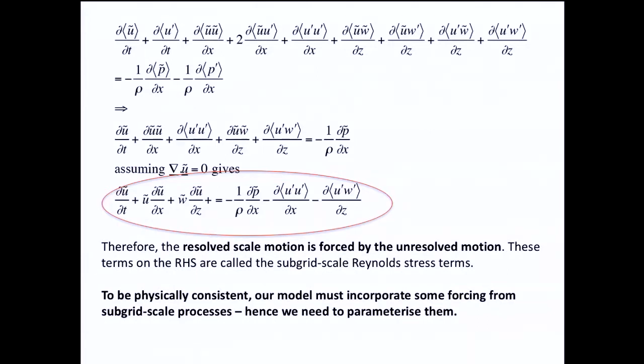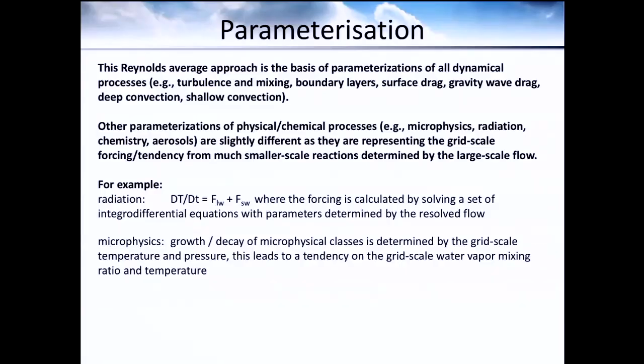So to be physically consistent, right? This part of the parameterization problem is really just about physical consistency. To be physically consistent, our model must incorporate some forcing from the small subgrid scale processes, and we parameterize them. Now, this Reynolds averaging approach is the basis of parameterization of all dynamical processes.